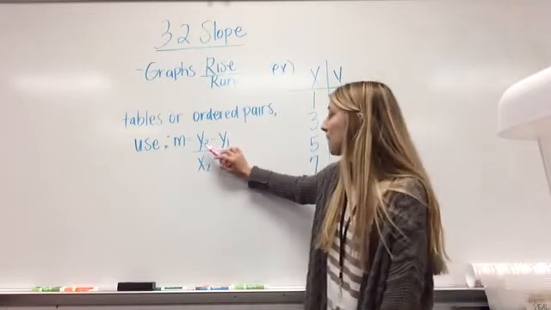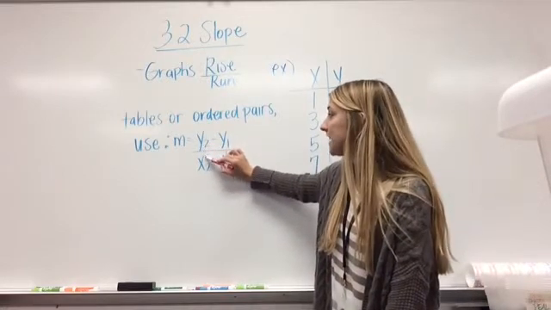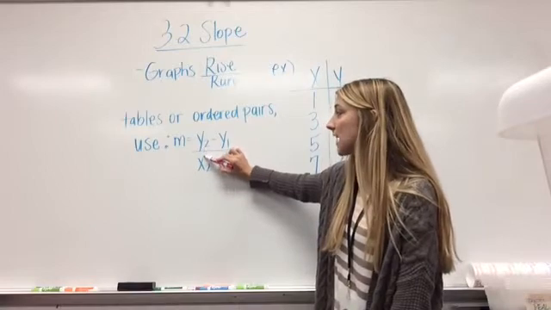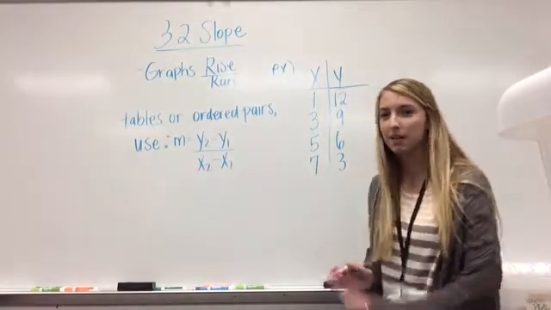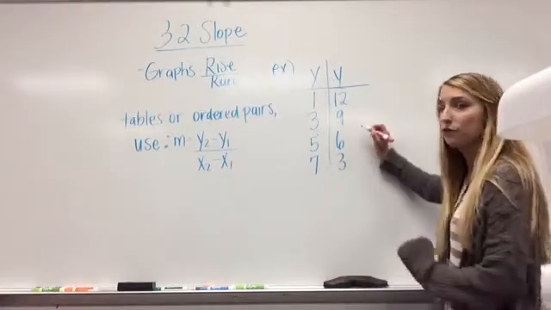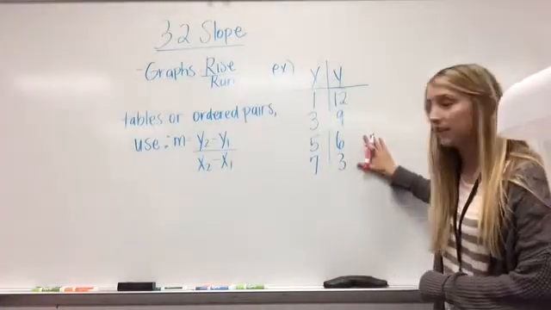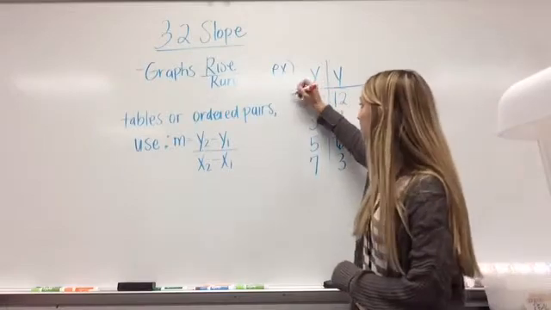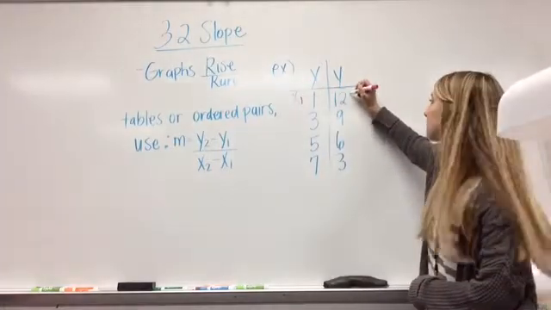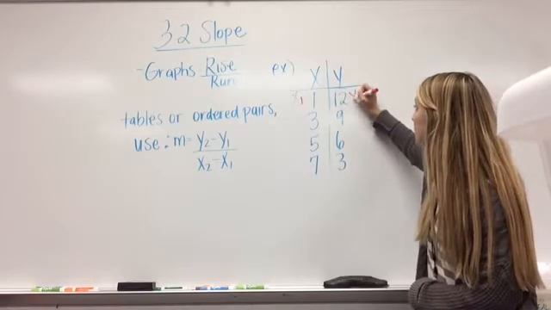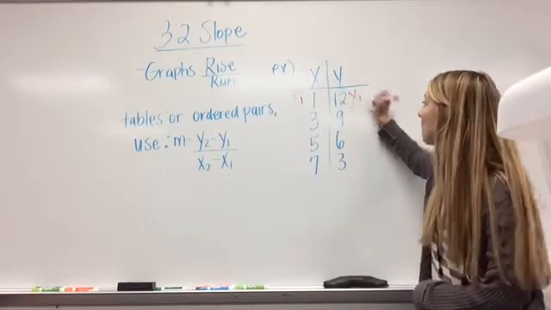This just means that these belong to the same ordered pair, and these belong to the same ordered pair. I'll show you exactly what I mean. So, for example, we have this table. I'm going to label this first point x1, and on the y side, this first point y1.